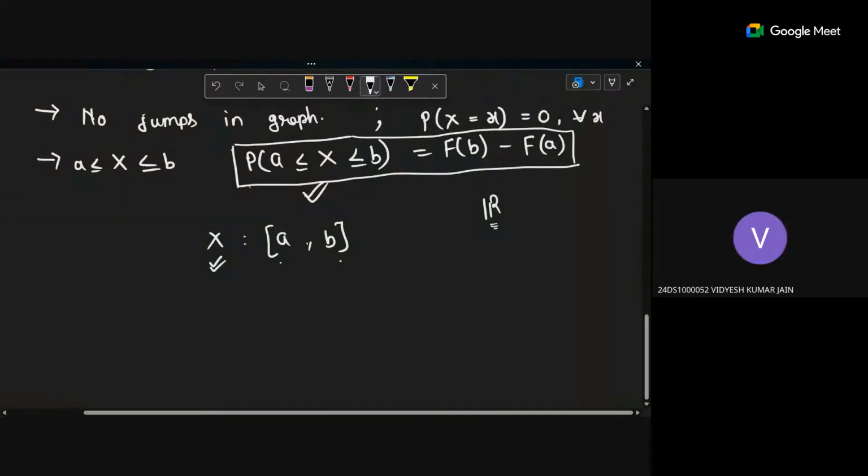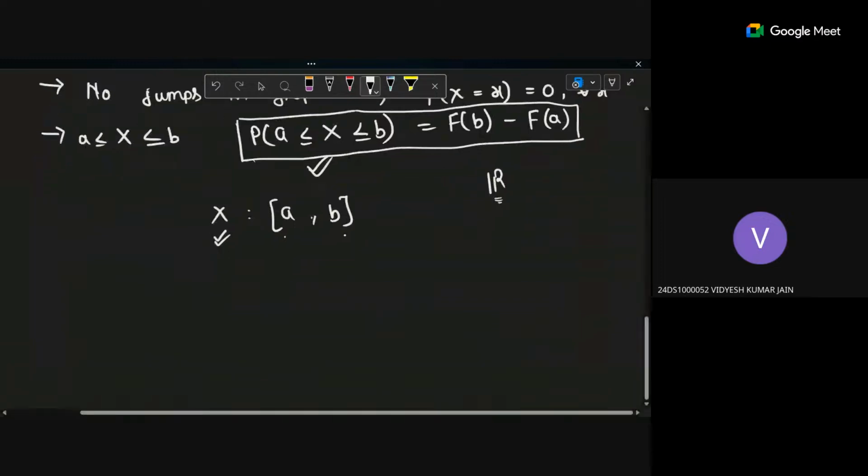Sorry. Just P of x equal to 0 is what you have written, so that is understood. But in some of the problems, for example, P of x equal to 4, how do they calculate it? They write it as P of x less than or equal to 4 minus P of x less than 4.